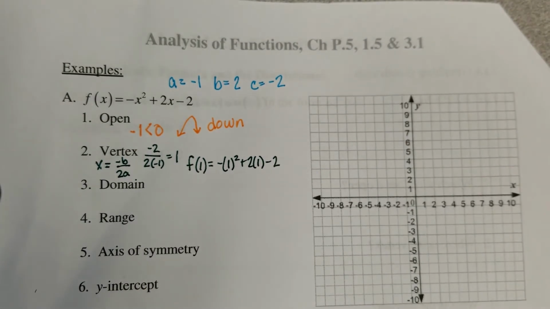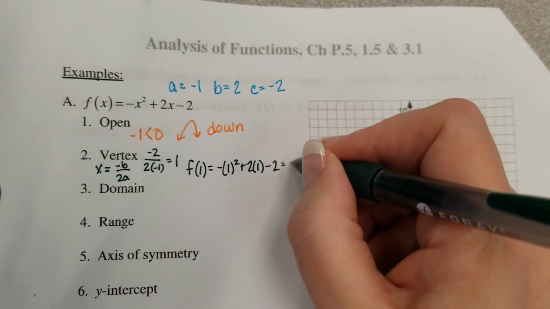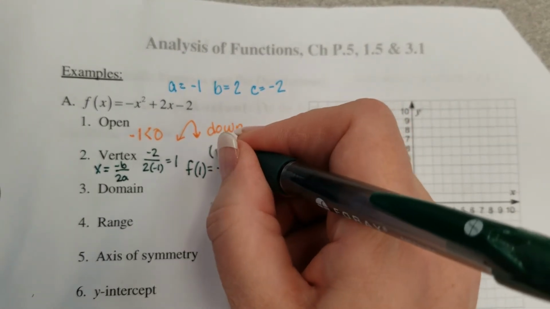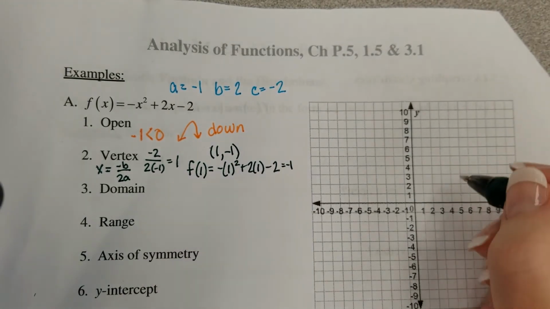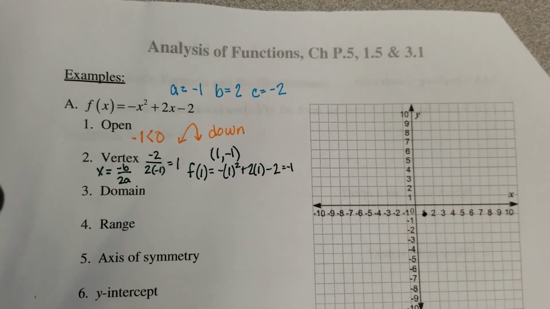And so that's -1 plus 2 minus 2. 2 minus 2 is 0, so it's going to be -1. Oops, there's a negative. So our vertex is going to be 1, -1. Let's go ahead and put that on the graph. So at 1, -1, this is going to be our vertex.